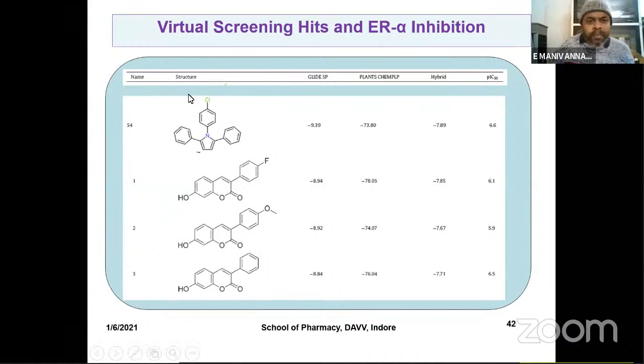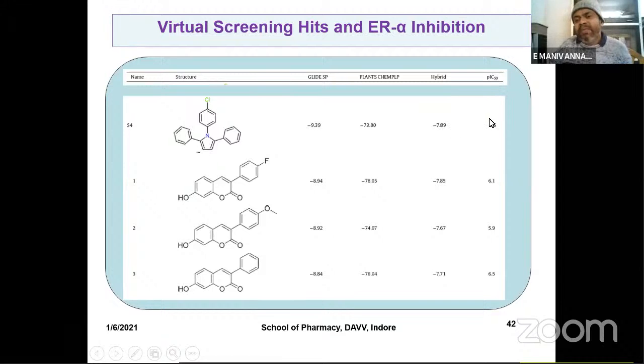The first compound is from the SPECS commercial library. The Glide SP docking score obtained for this is minus 9.39, the PLANTS ChemPLP score is minus 73.80, and the hybrid score is minus 7.89.